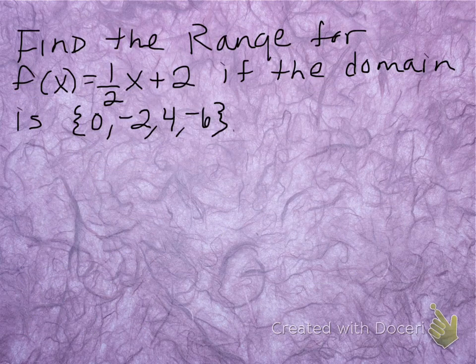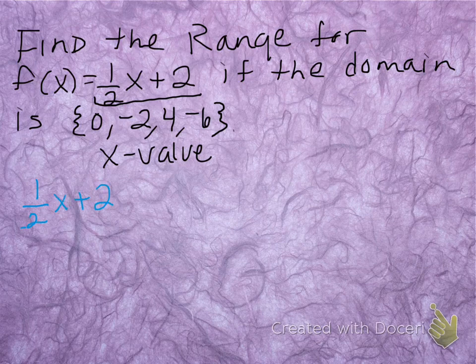Alright, here's another example. Our function is 1/2 x plus 2, and our x values, or our domain, is 0, -2, 4, -6. Okay, so when we plug it in, 1/2 x plus 2 is the function that we want to actually plug into.